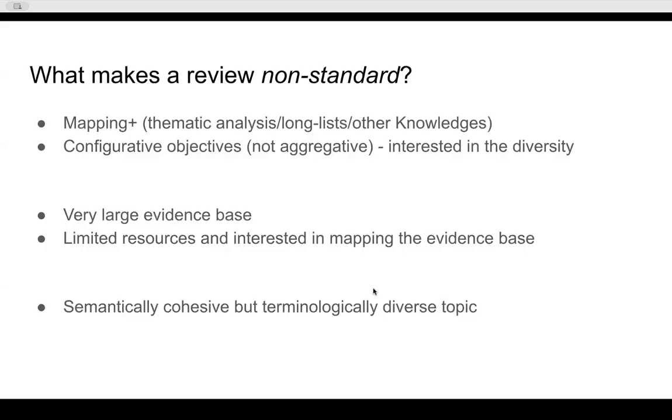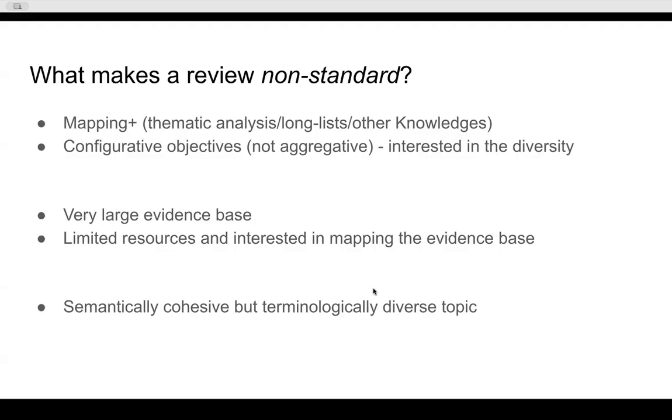So the kinds of things that make a review non-standard are where we might want to do a map of the evidence, see what people have studied in the literature, but also do some form of additional analysis. And that might be that we want to do a thematic analysis to build a framework to understand how academia has viewed a topic or tackled a problem. It might be that we want a map of the evidence base that also produced a long list of barriers and facilitators.